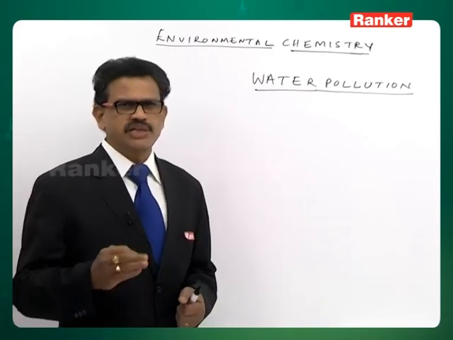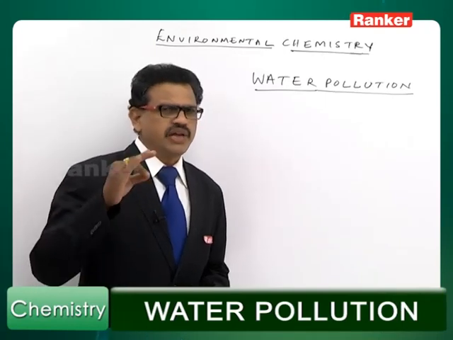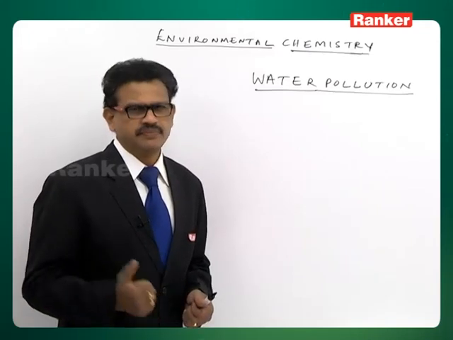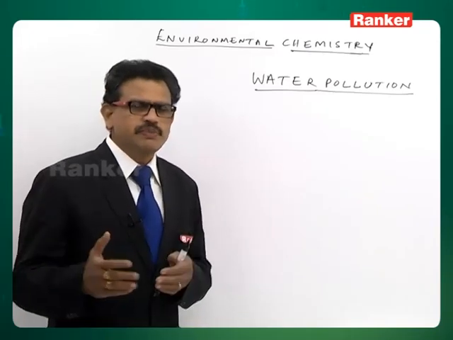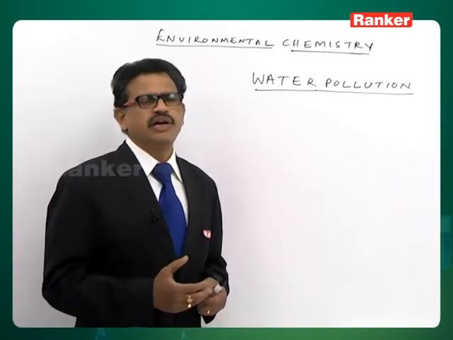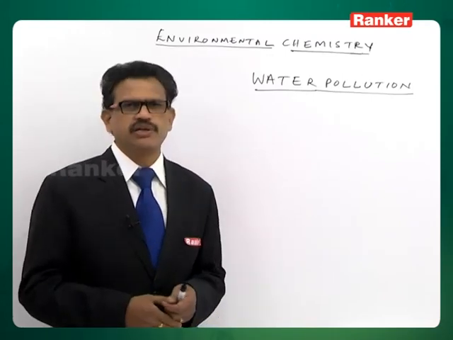The amount of organic substances dissolved in the water is termed chemical oxygen demand. If it crosses beyond 4 to 6 milligrams per liter, then it is polluted water. That is what we discussed in chemical oxygen demand.